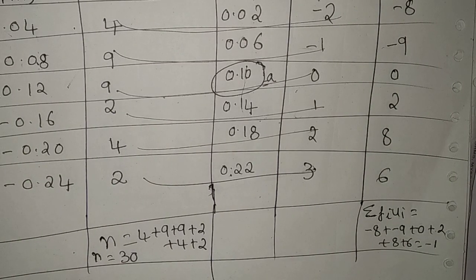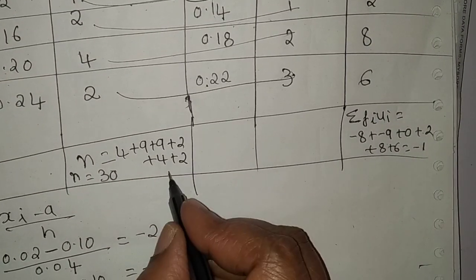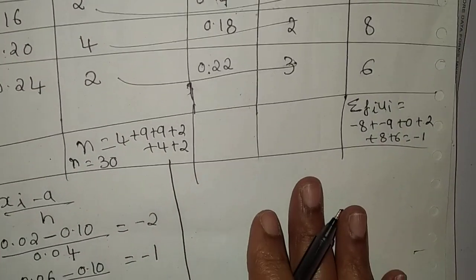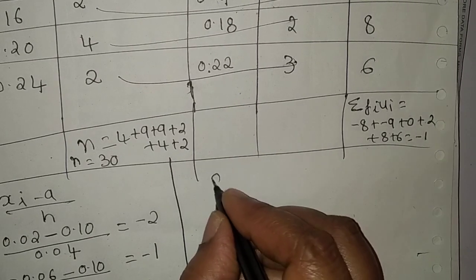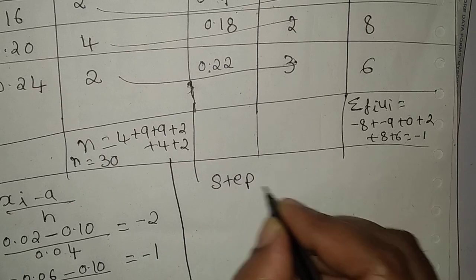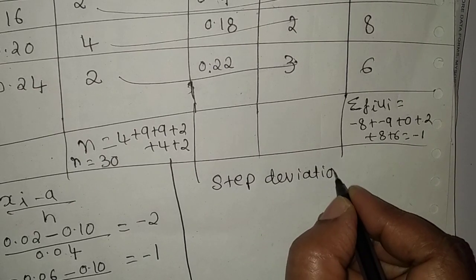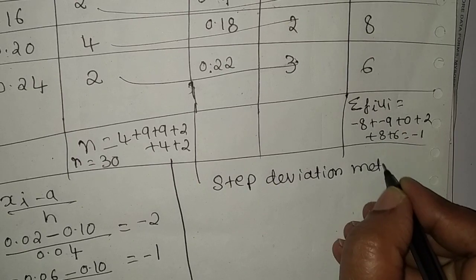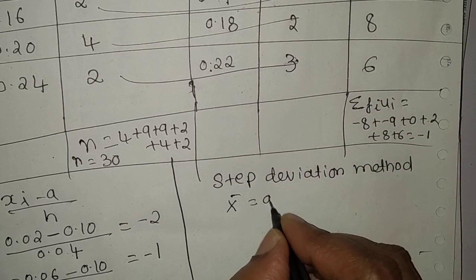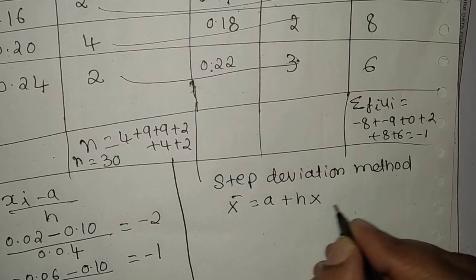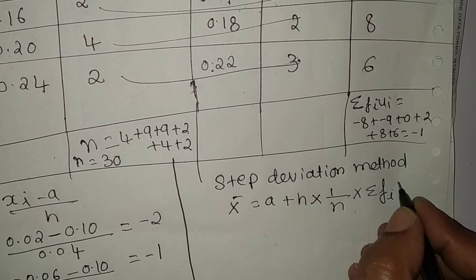After this we have to find the mean concentration of SO2. So all the values here are worked out by the step deviation method. Now what is the formula? x bar is equal to a plus h into 1 by n into summation of fi ui.